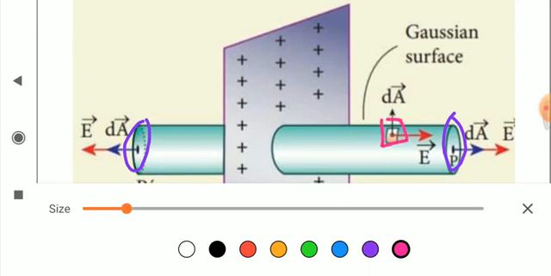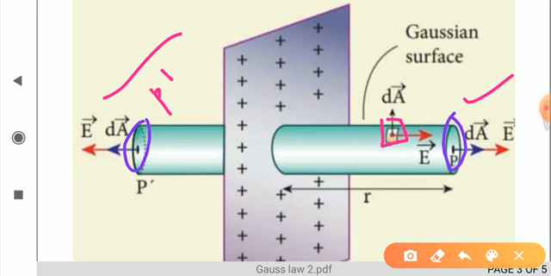These three surfaces are P and P dash, and then the curved part. Will these three Gaussian surfaces have the electric field or not? To find out the electric field, we should have the electric flux. So first of all, we have to find out the electric flux value.